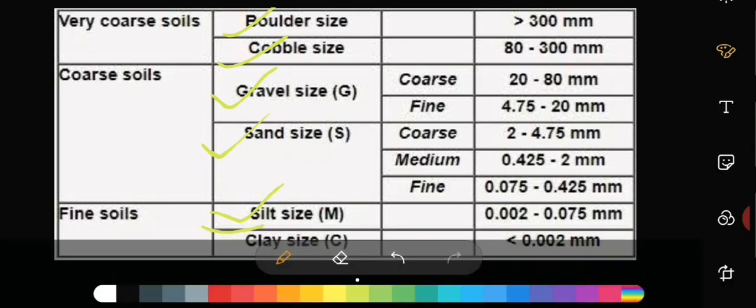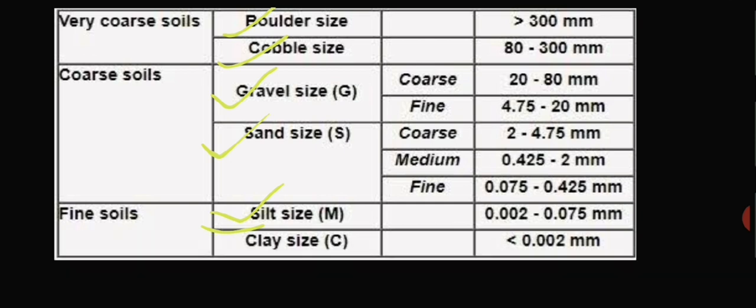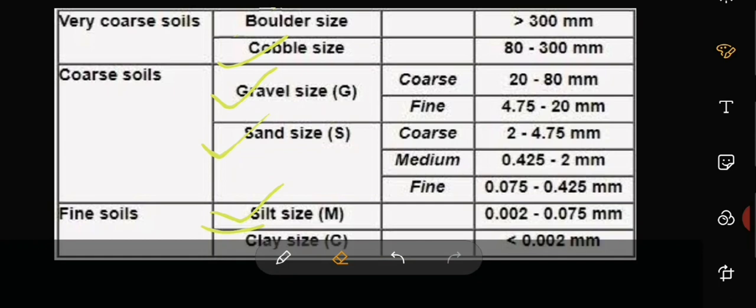Greater than 300 mm, that is boulder. 80 to 300 mm, that is cobble size, and 80 to 4.75 mm, that is gravel.